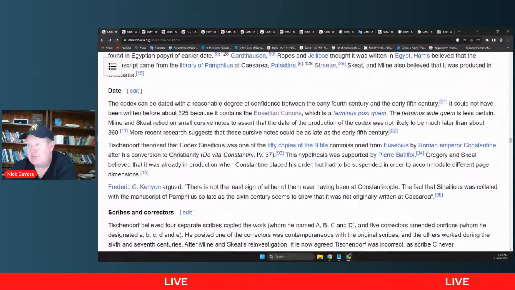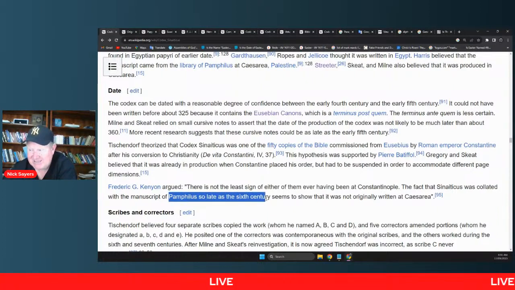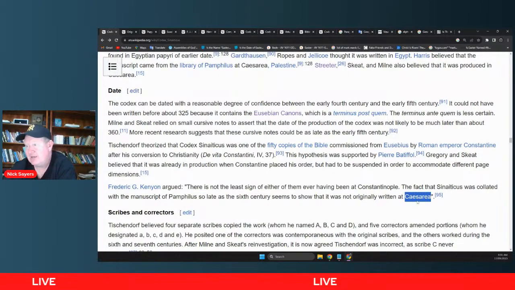Okay, so I'm just going to go through this a little bit. Now, I'll just summarize what Kenyon's saying. He's saying there is not the least sign of either of them having been at Constantinople. The fact that Sinaiticus was collated with the manuscript of Pamphilus so late as the 6th century seems to show that it was not originally written at Caesarea.